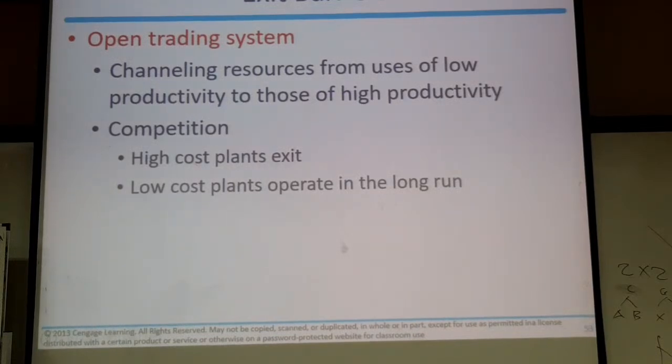Now, exit barriers. Competition shifts resources from the use of low productivity to those of high productivity. So, in competition, high cost plants exit. That's why I mentioned to you those companies are losing. Which ones? The high cost plants are closing because of high opportunity cost. Low cost plants operate in the long run.